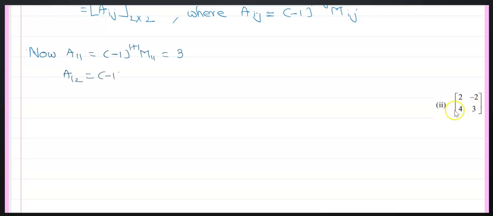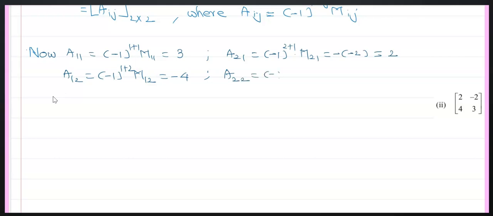A12, that will be the 4, that is minus 4. Next is A21, that is minus 1 raised to 1 plus 2, minus in bracket minus 2. A22, minus 1 raised to 2 plus 2, M22, that is 2. Therefore, overall it is a 2.